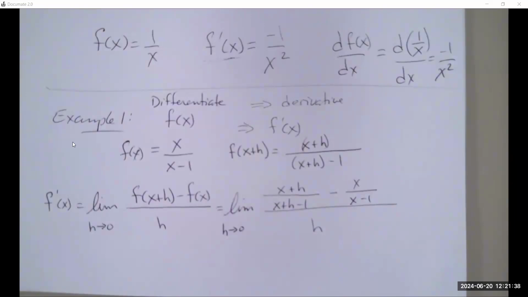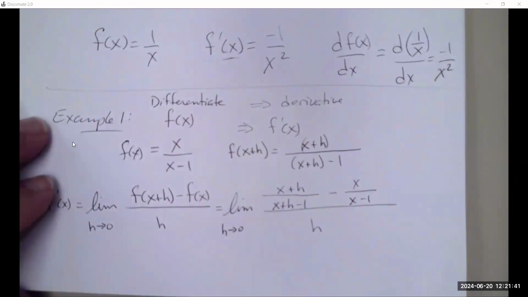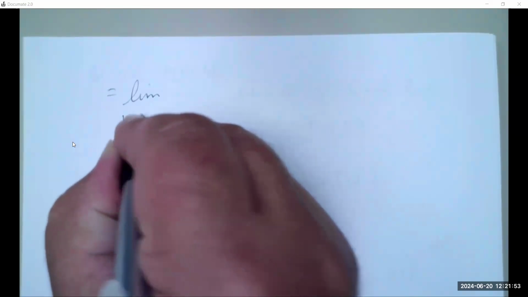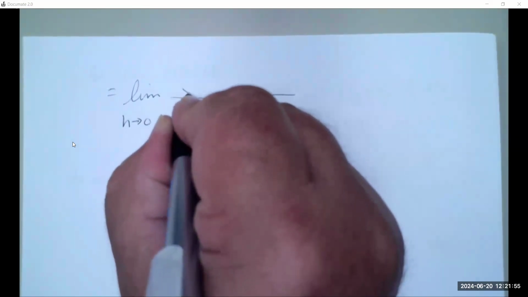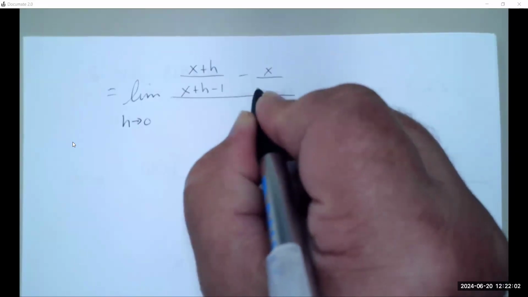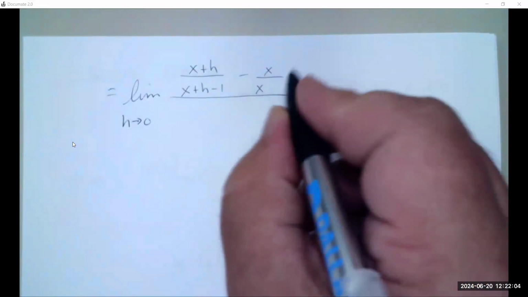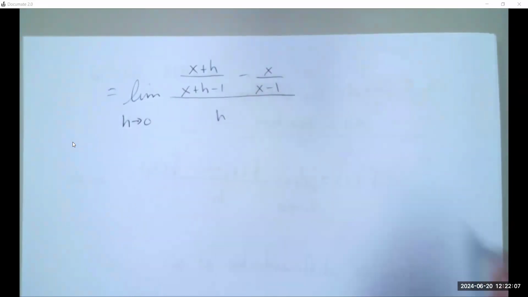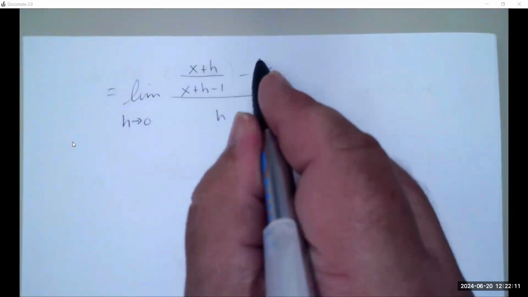What do I have to do to solve this one? I have to get a common denominator because I need to subtract these two fractions.